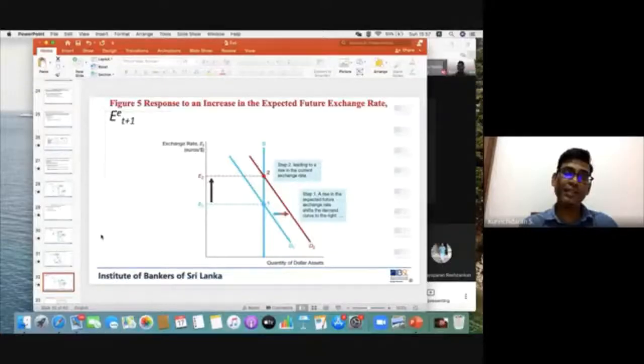The equilibrium will be at 2, and the exchange rate will be at E2. So step 1, a rise in the expected future exchange rate shifts the demand curve to the right. And step 2, leading to a rise in the current exchange rate. That means earlier maybe $1 is equal to 1.2 euro. Now $1 is equal to 1.5 euro. Increase in exchange rate.